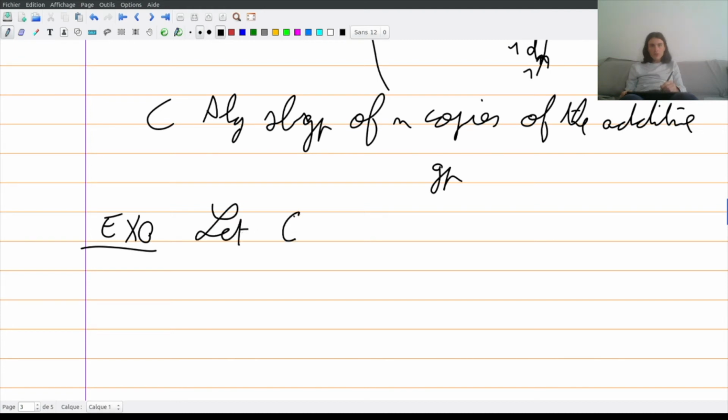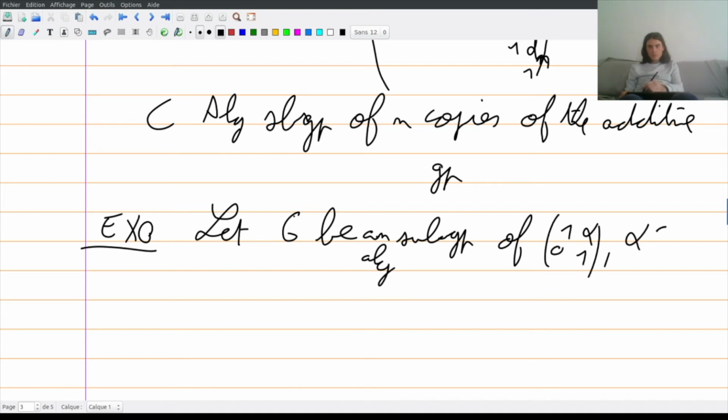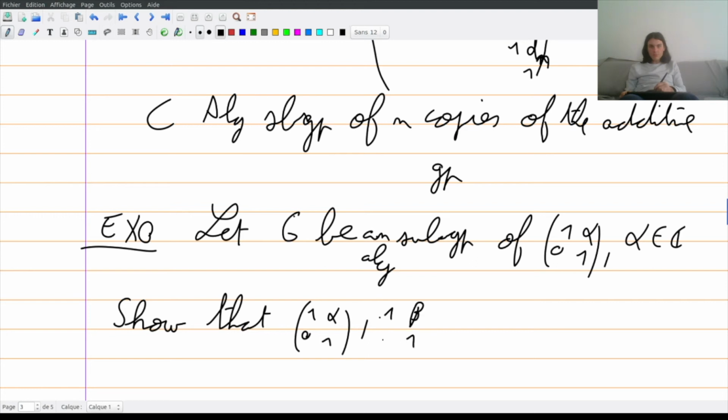Let J be an algebraic subgroup of the group of matrices (1, alpha; 0, 1). Show that it is stable under addition and opposite.